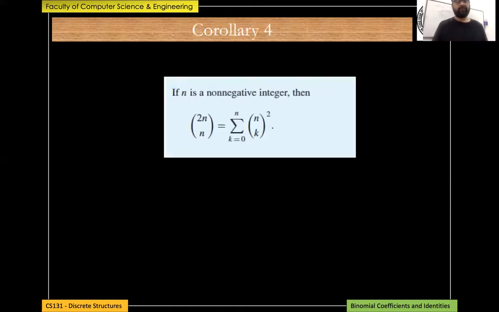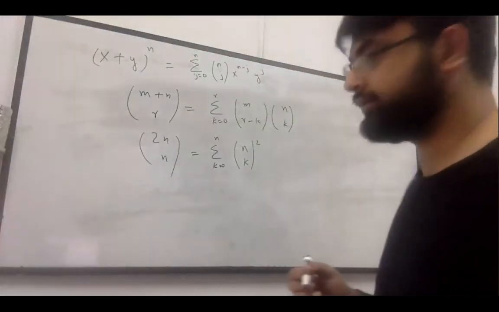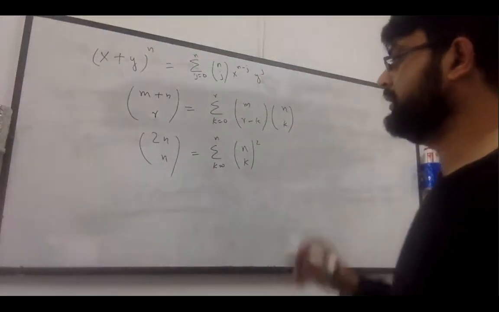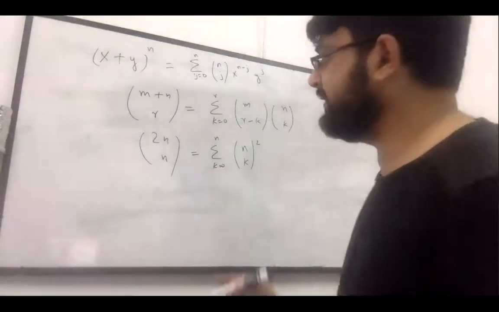And if you have to prove this, this is really simple. And here we want to prove that C(2n, n) is equal to the summation from k = 0 to n of C(n, k) squared. And if I move to the screen here again, this is what we want to prove. So I can simply take the left hand side.